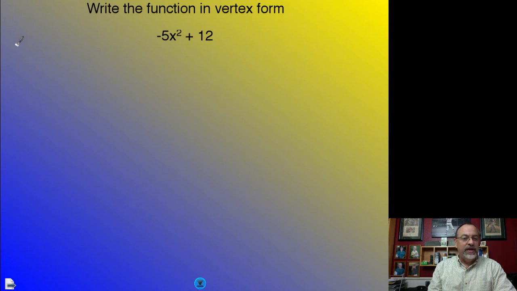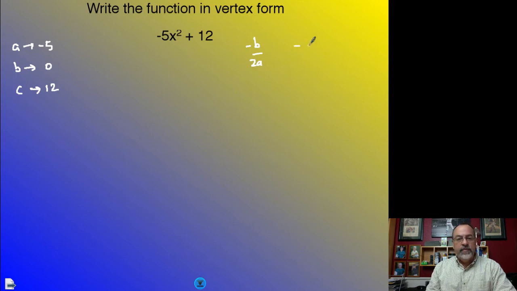All right, so again, we want to figure out a is -5, b here is 0 because there is no linear term, and c is 12. So I have to do the opposite of b over 2a to get the x value of the vertex. So the opposite of b, and b here is 0 over 2 times -5, so that's 0 over -10, which is 0.